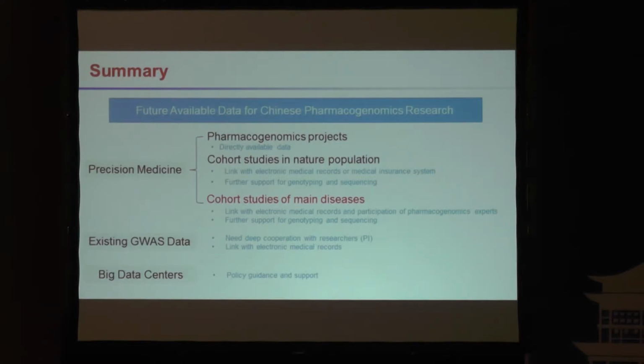For the existing drug dataset, like in our lab, it needs deep cooperation of researchers. We can collect clinical information from the electronic medical records, but it needs further cooperation and particular proposals. For the big data centers, it needs policy guidance and support from the government.